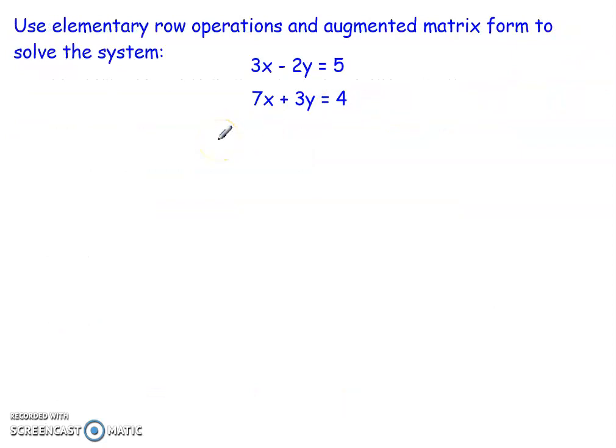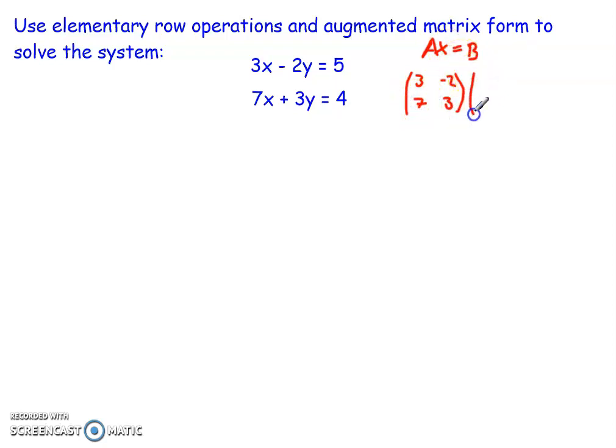So let's imagine I've got a system of equations here. What I want to do is use elementary row operations and the augmented matrix to solve this system of equations. What I can do is construct this into the form AX equals B. For AX equals B, my A is the coefficients of each of the terms here. So I've got 3, -2, 7, and 3.